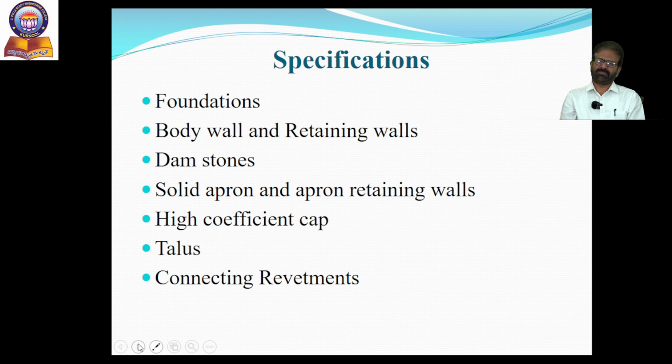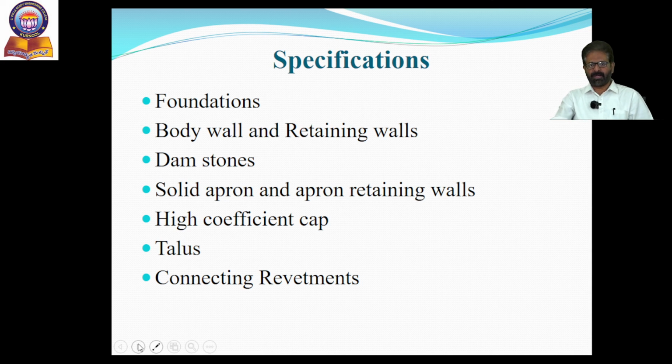Similarly, dam stones. To provide the shutters, we need to provide the dam stones throughout the length of the solid weir wall. For the dam stones, either precast stones or stone masonry, cut stones, can be provided.